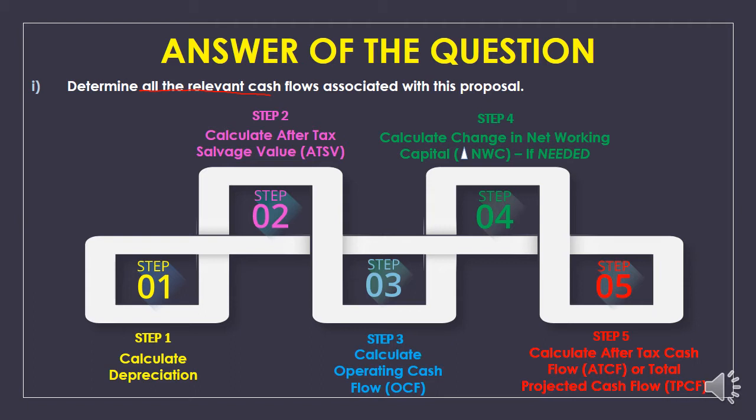The third step is to calculate operating cash flow, which is OCF. The fourth step is to calculate the change in net working capital, if needed, according to the information in the equations. The last step is to calculate the after-tax cash flow, which is ATCF, or the other name, total projected cash flow, which is TPCF.